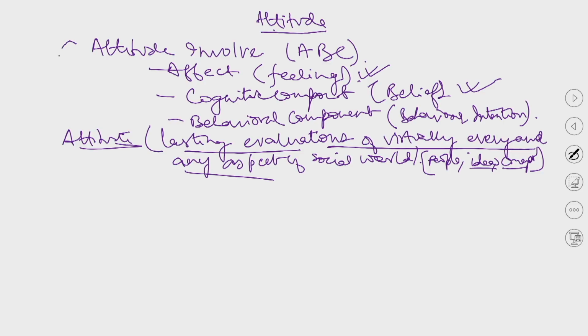So, this is what an attitude is. The next important thing is how are attitudes formed? It has been known that attitudes are formed through learning, and mostly through instrumental conditioning.